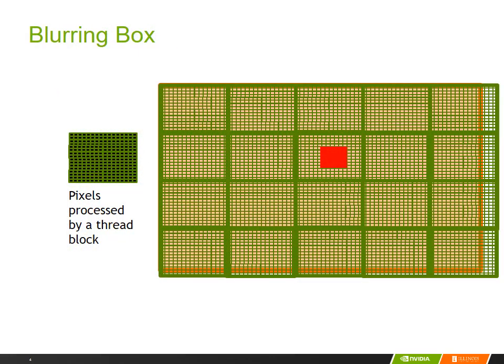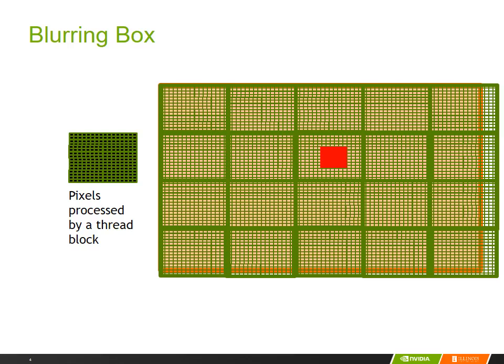For the purpose of this lecture, we're going to use a fairly rudimentary blurring algorithm. Just like the RGB to grayscale kernel, we're going to use one thread to calculate one output pixel value.